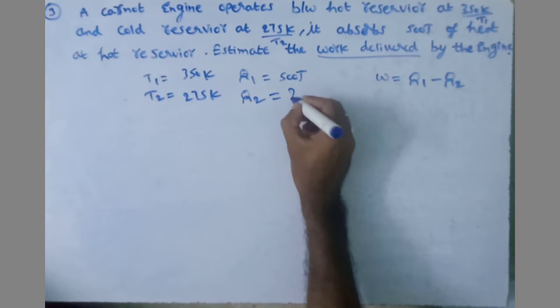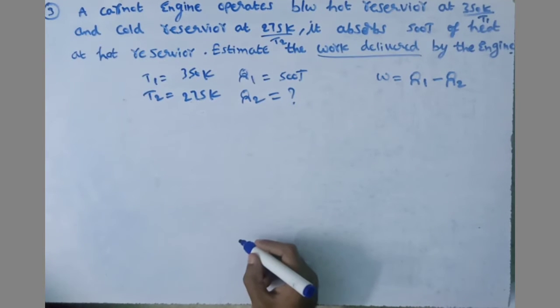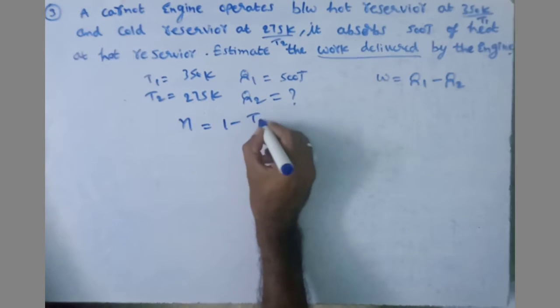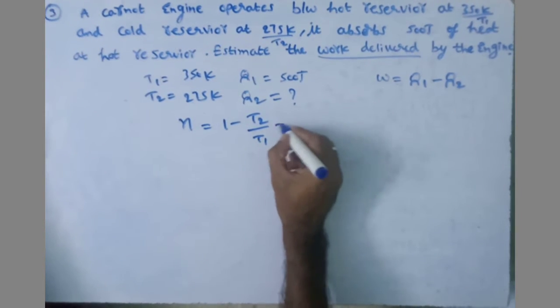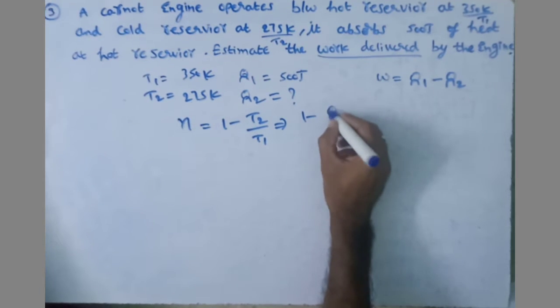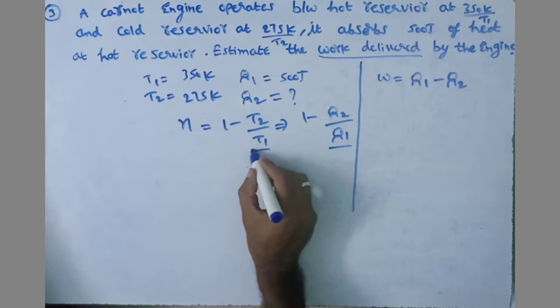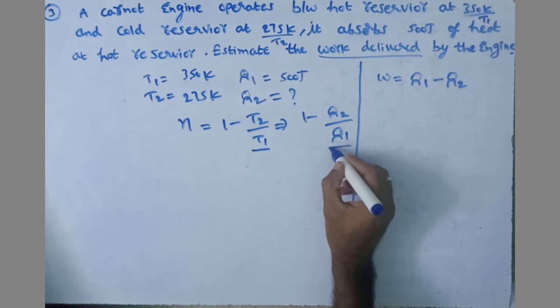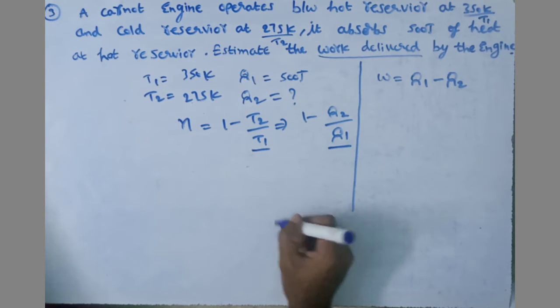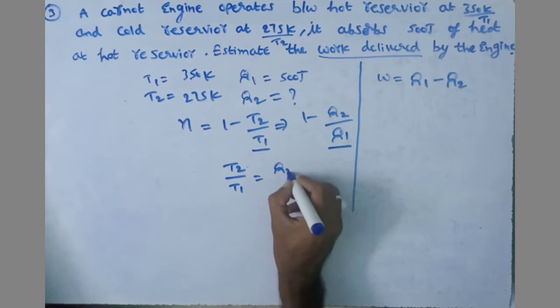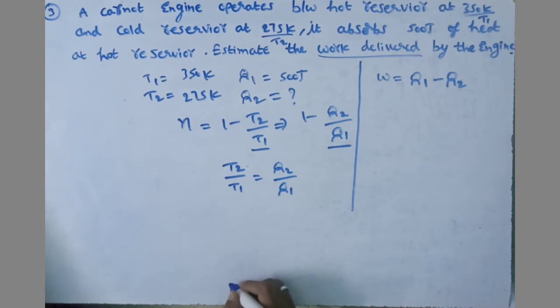Now to find Q2, we know the formula, efficiency is equal to 1 minus T2 by T1, which is equal to 1 minus Q2 by Q1. From this we can say that T2 by T1 is equal to Q2 by Q1.